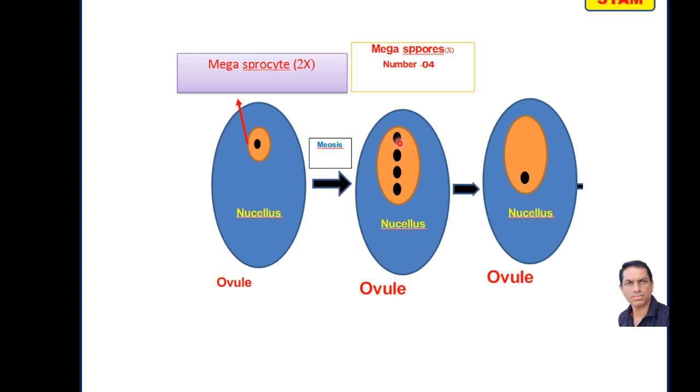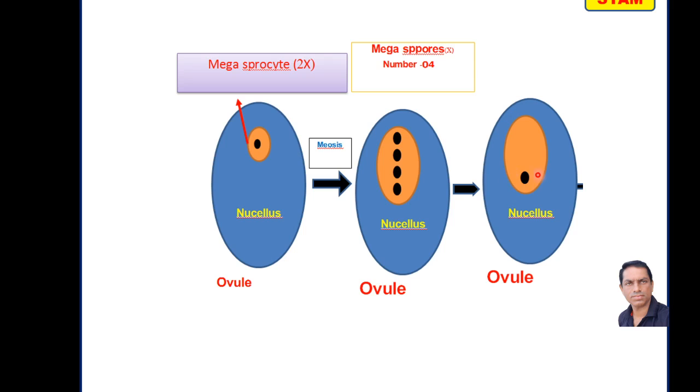Out of the 4 haploid megaspores, the micropyle side 3 haploid megaspores degenerate. Only the chalazal side megaspore is functional. This single haploid megaspore forms the embryo sac, which is called the Polygonum type.